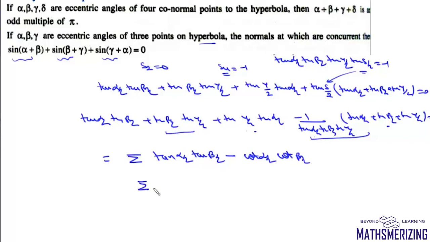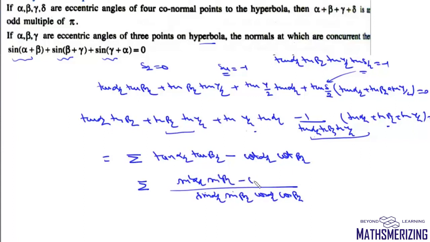Now we'll change everything in terms of sine and cos. Now in the denominator we'll have sine alpha by 2, sine beta by 2, cos alpha by 2 into cos beta by 2, and in the numerator we'll have sine square alpha by 2 into sine square beta by 2 minus cos square alpha by 2 into cos square beta by 2. Now we'll multiply and divide it with 4. Now in the numerator we have a square minus b square, which is a plus b into a minus b.